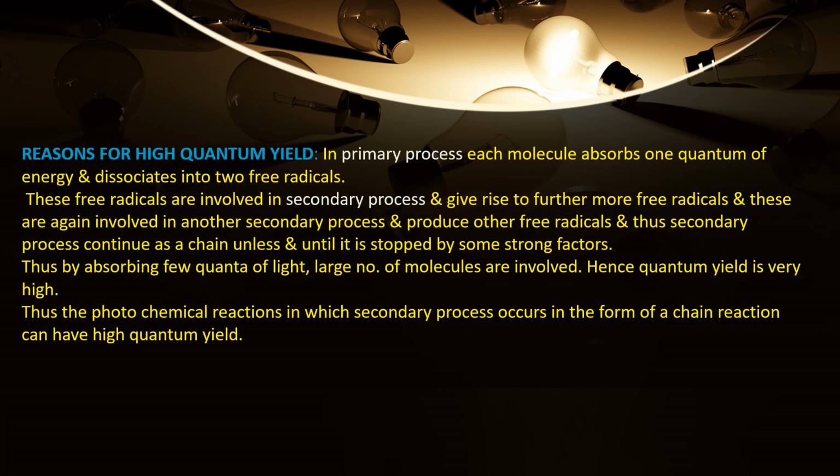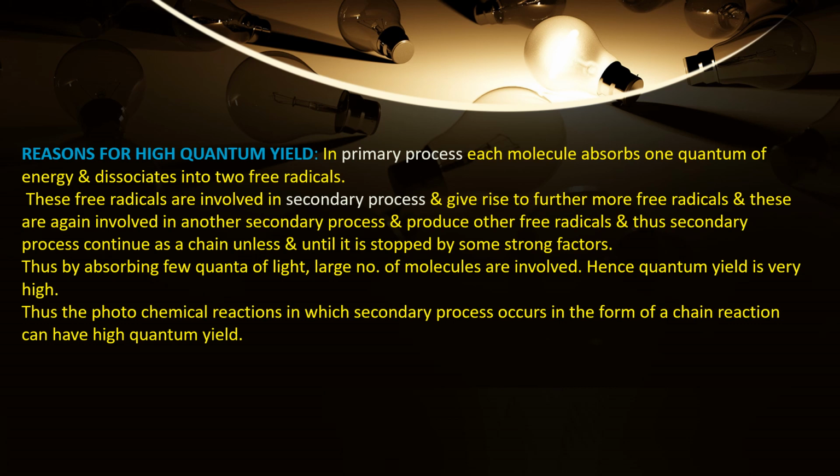So what is happening in primary process? After absorbing the quanta of light, the reactant molecules get dissociated into two free radicals. Carefully follow this sentence. In primary process, each reactant absorbs one quantum of energy and dissociates into two free radicals.